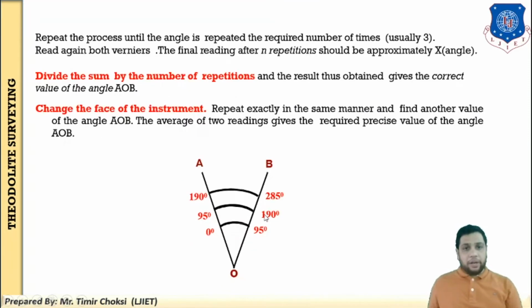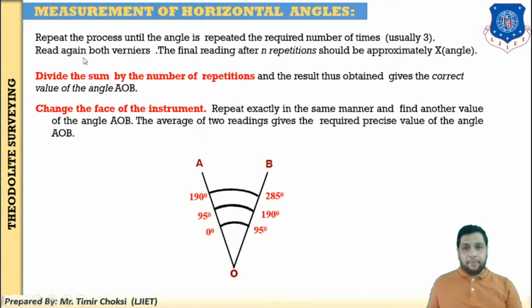Repeat the process until the angle is repeated the required number of times, 3. In the repetition method, the fixed angle is repeated 3 times. Read both verniers again. The final reading after repetition should be approximately n times the angle, here approximately 285 degree after 3 repetitions.